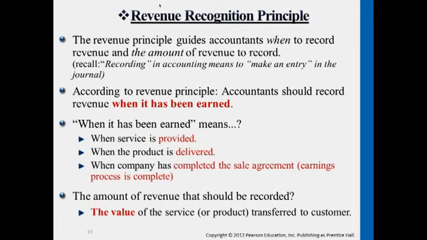Basically what it means is that any type of transaction that relates to revenue is always recorded on the date that the responsibility from the corporation's side is fulfilled. The inventory, the goods, the products are delivered to the customer, or the service related to the contract that you signed with your client is already fulfilled.